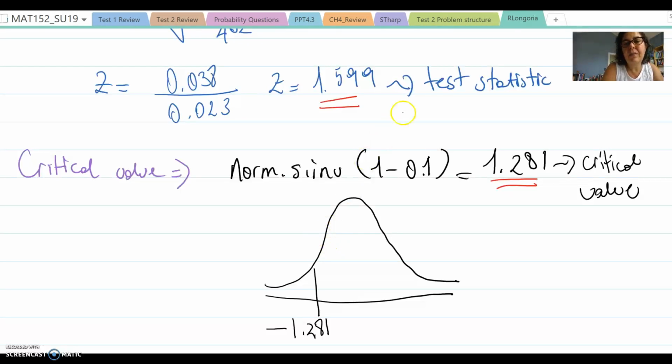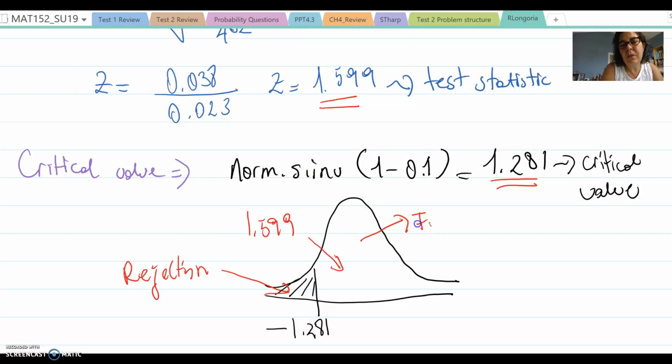My test statistic will be falling here, right? Which will be 1.599, right? So remember again, this is the rejection region, and this is the fail to reject region.